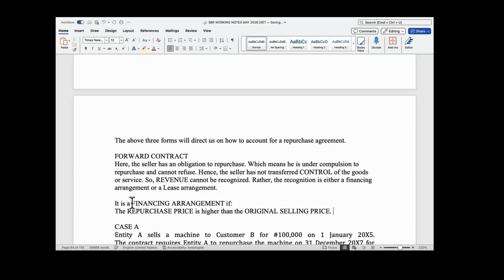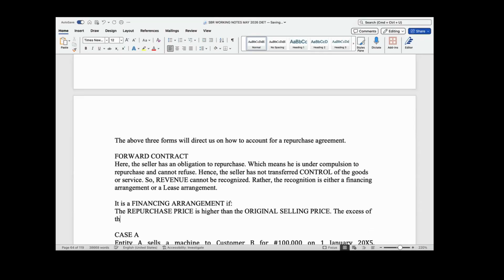I'm paying much more. So you see, the excess of the repurchase price over the original selling price is the interest on the transaction.